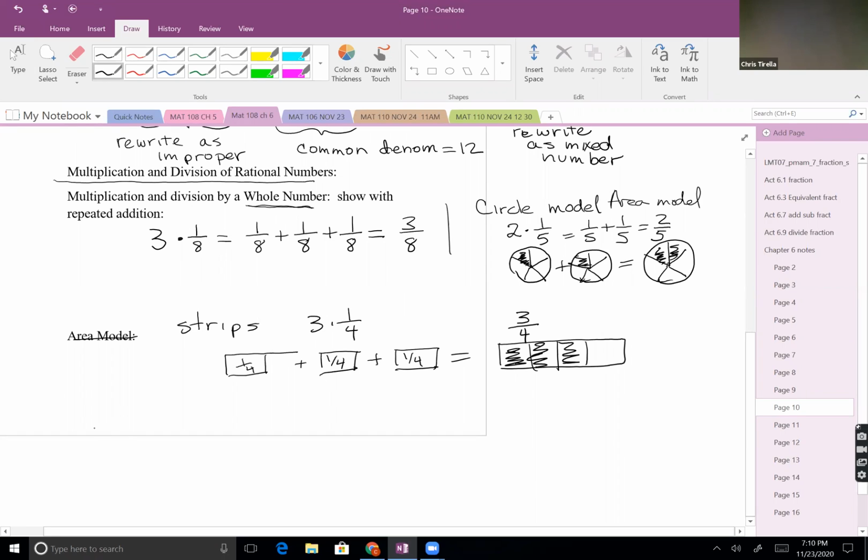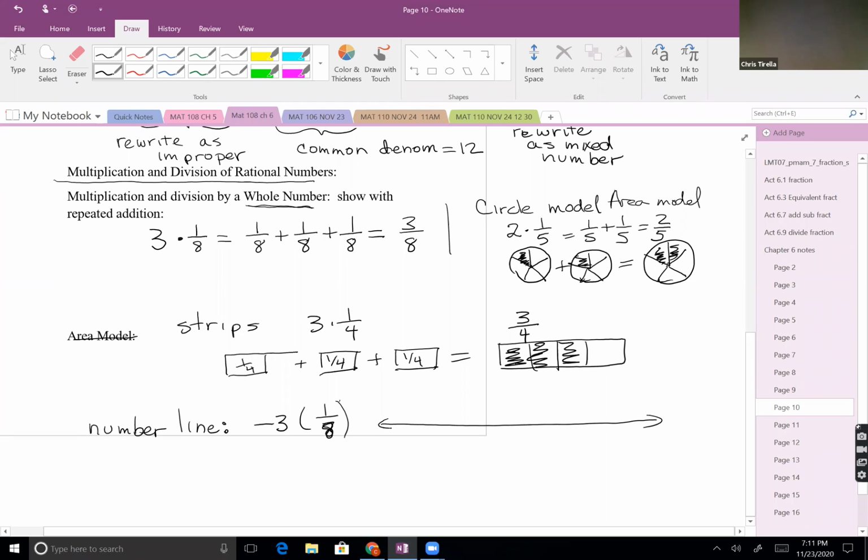Or I could look on a number line. And I could look at -3 times 1/7. You know what? I'm going to change that to 1/8 because it's easier to draw 8s on a number line.